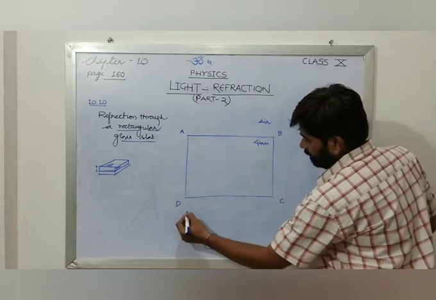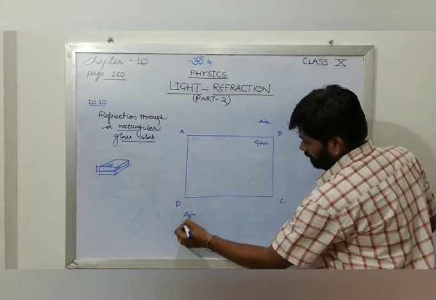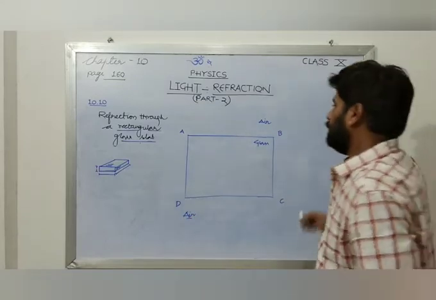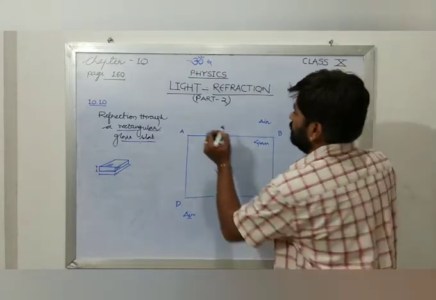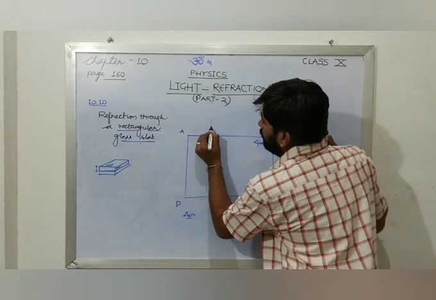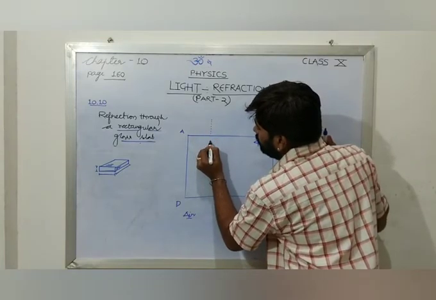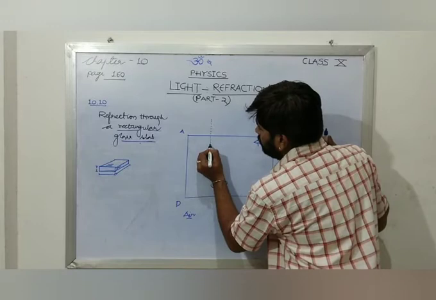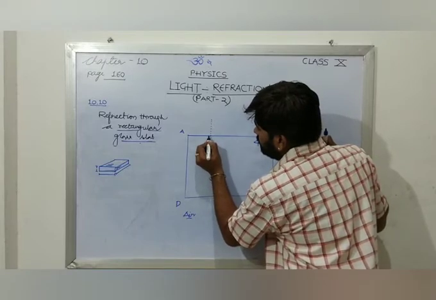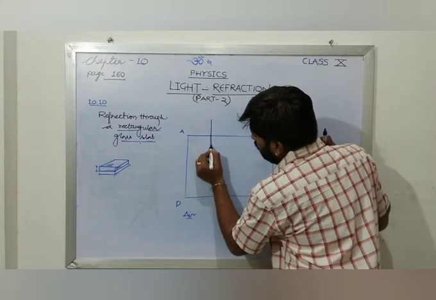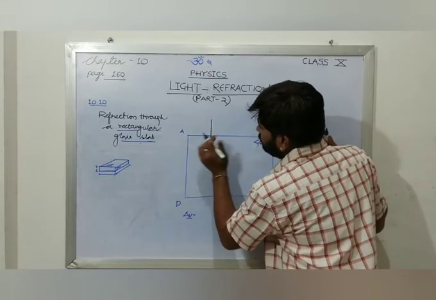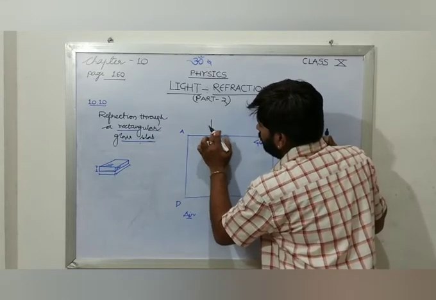Let me write it here; later on you will see why. Now let us make an incidence. For incidence we need a point of incidence, so suppose this is the point of incidence, and this is the normal.